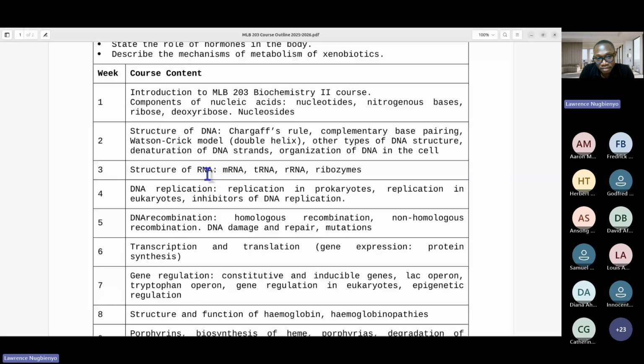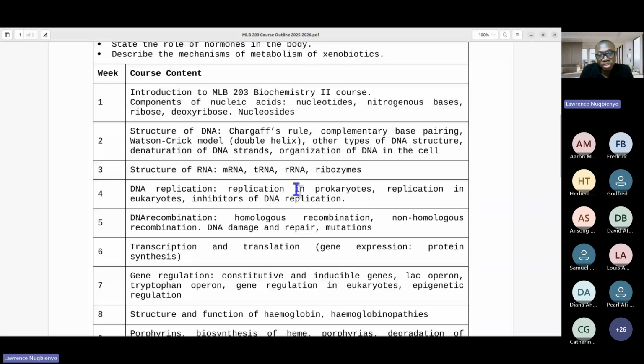We will then look at the structure of RNAs, so different RNAs. And we take a look at what is involved in protein synthesis, that is DNA replication. Sometimes you have such replication also in cell reproduction. So we'll take a look at the process of DNA replication, recombination.